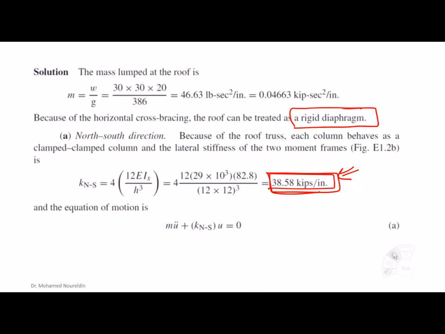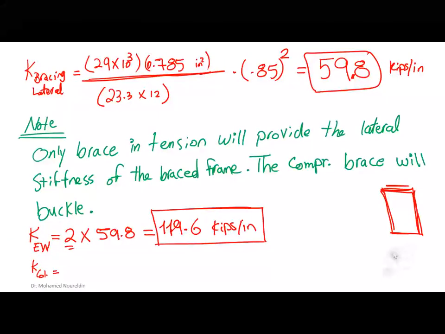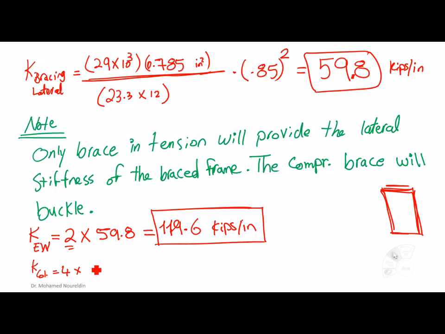So we're going to multiply our 4 columns by the stiffness of 1 column only, which is 12 EI over the height of the column to the power 3, h cubed. If you calculate it, take care that we are going to use Iy here.